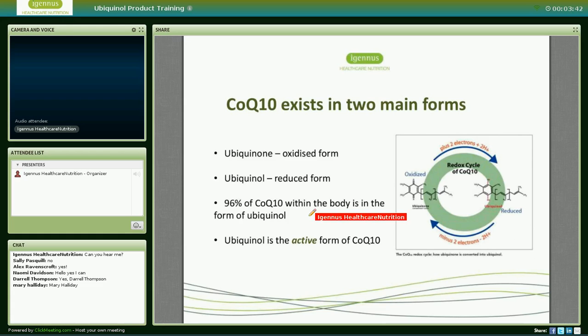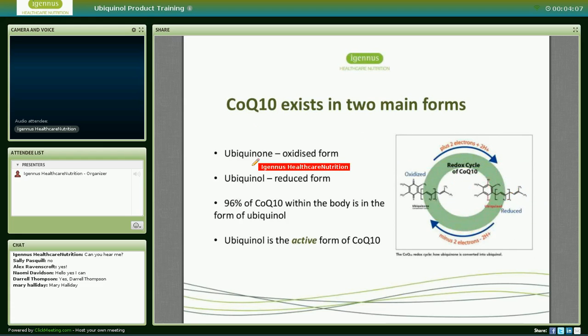Now, 96% of the coenzyme Q10 within the body is actually in the form of ubiquinol, and the redox function of ubiquinol in cellular energy production and antioxidant protection is based on the ability to exchange electrons within the redox cycle between ubiquinol and ubiquinone.